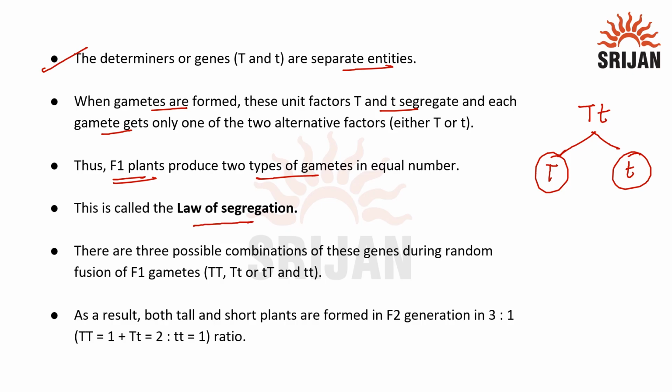Now there is a possibility of different combinations, so plants can be capital T capital T, capital T small t, or small t small t. Hence in the F2 generation we can see these genotypes and their ratio is 1 is to 2 is to 1, and when we talk about the tallness and dwarfness ratio it is going to be 3 is to 1. 3 tall is to 1 dwarf.